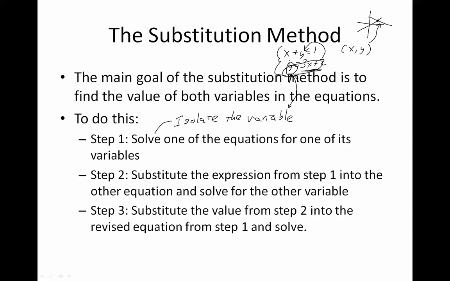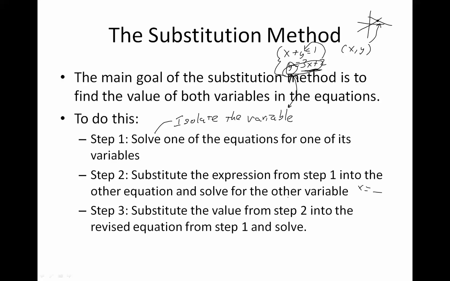And then we're going to solve that equation. Then we're going to substitute the value from step 2. Step 2 is going to give us an x equals some number. And then we're going to substitute that value back into the revised equation from step 1, and solve it to find the other variable.